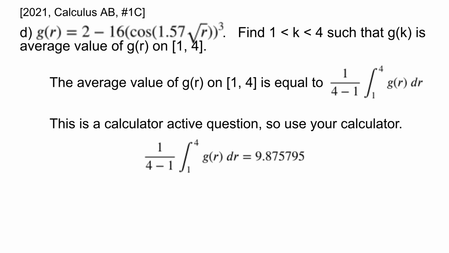So using our calculator, 1 over 4 minus 1 times the integral from 1 to 4 of g of r dr is 9.875795.